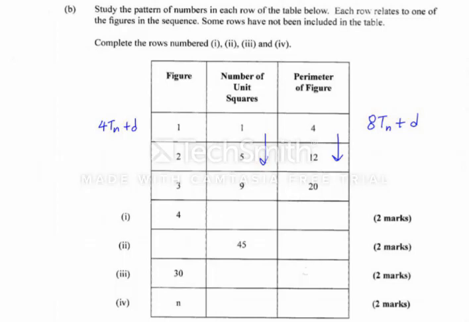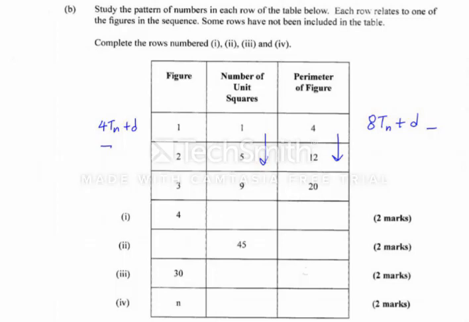Whenever you have a sequence of numbers increasing by a fixed amount, it's always in this format. 8 is the number by which the sequence increases, and d is some constant. tn is simply the term.